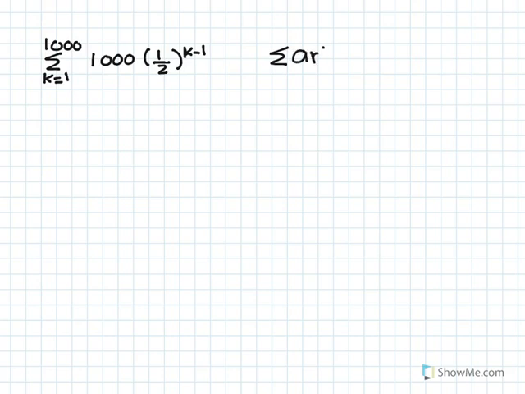Summation a r to the n minus 1, n goes from 1 to infinity. This infinite geometric series converges to the sum a over 1 minus r if absolute value of r is less than 1, or equivalently, r is less than 1, larger than negative 1. And that's the case here because we have r equals 1/2. The first term is 1,000.